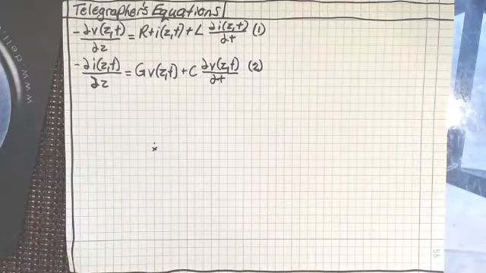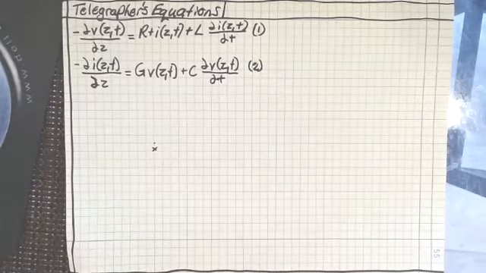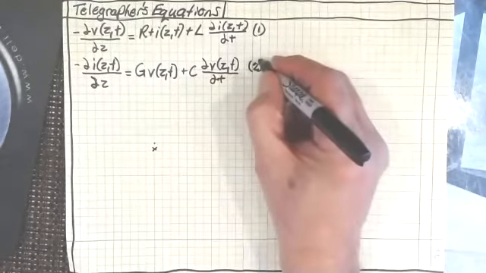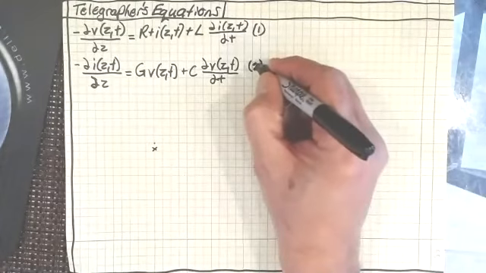And we have to solve those Telegraphers equations to figure out how an electromagnetic waveform attenuates and loses energy as it propagates through a channel.